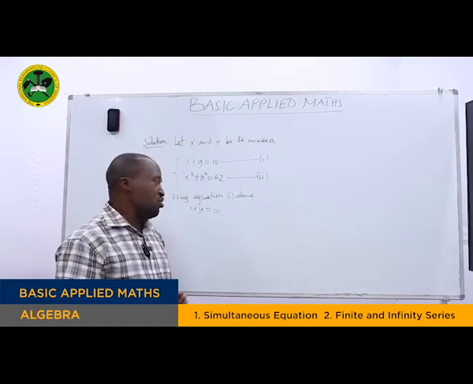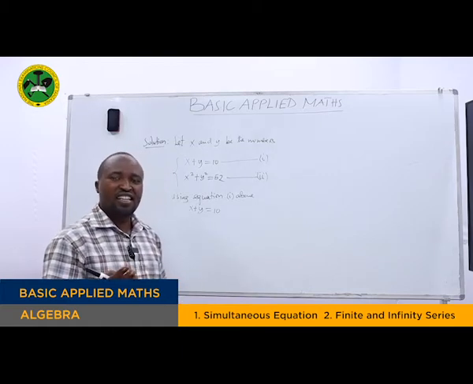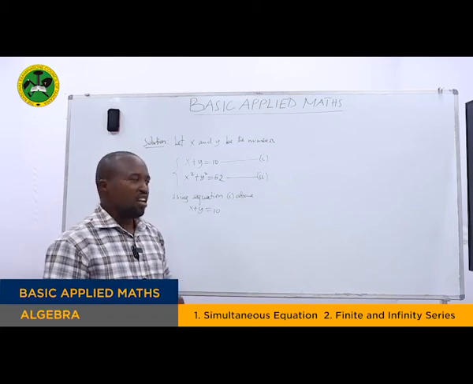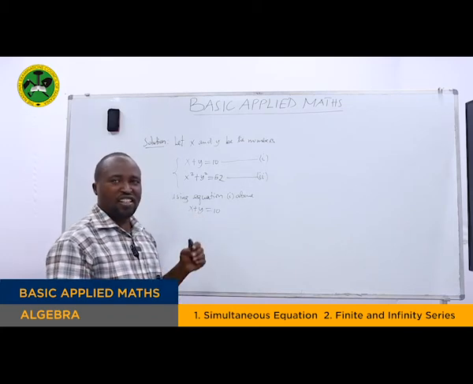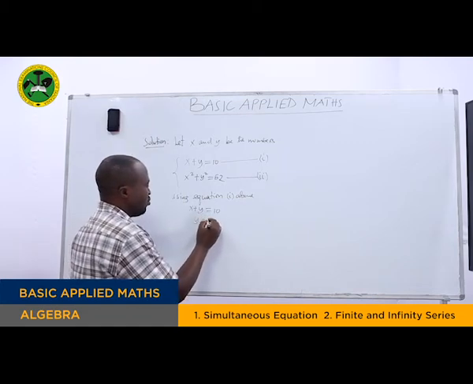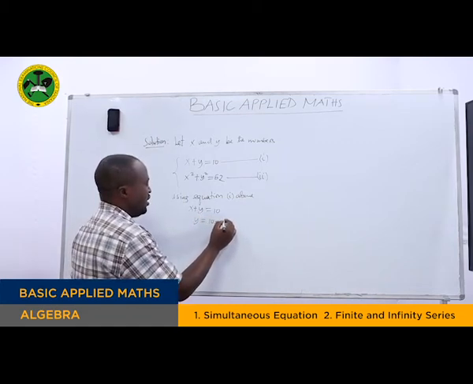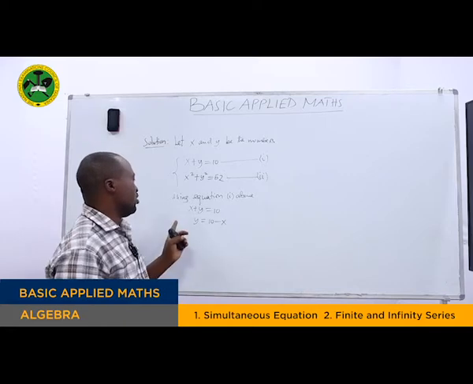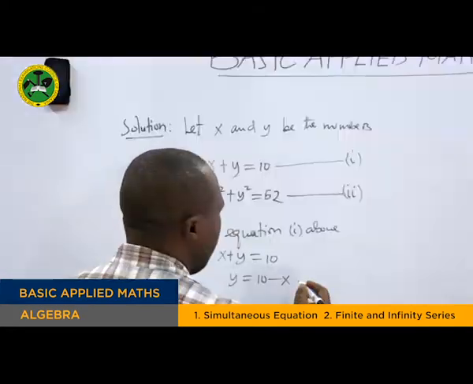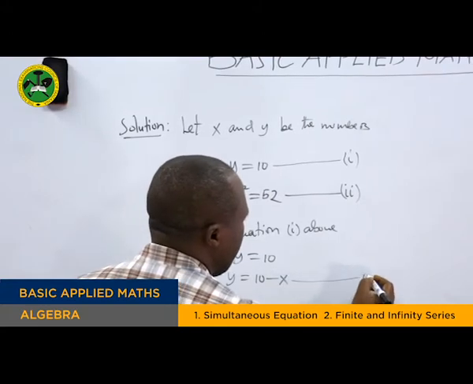At this point, you just decide either to make x the subject or y the subject. Now suppose we make y the subject. So we are going to have y is equal to 10 minus x, because we just shift x to the right hand side. Call this equation 3.